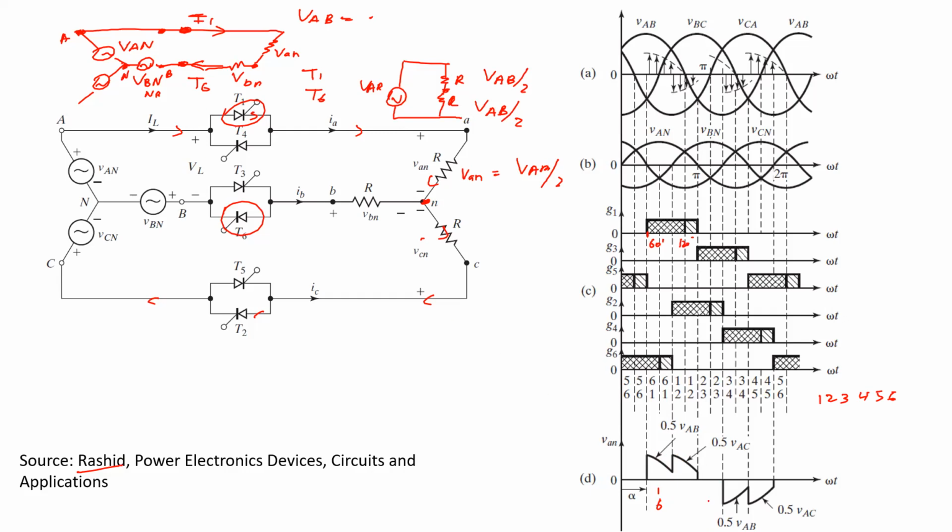In here also it is thyristors 1 and 6. So the angle, no, in here it is not thyristors 1 and 6. It is 1 and 2. The angle at which you keep your thyristors firing is determined by this alpha angle. So these are the configurations.